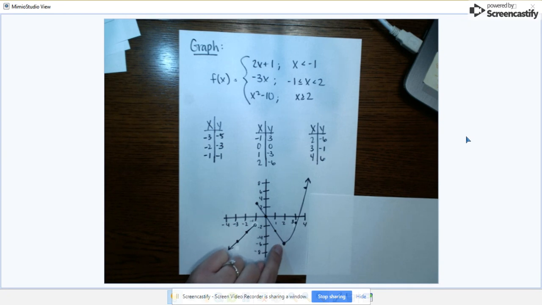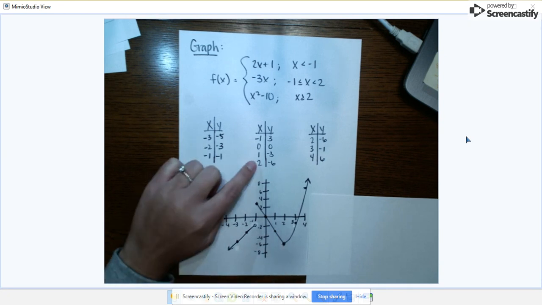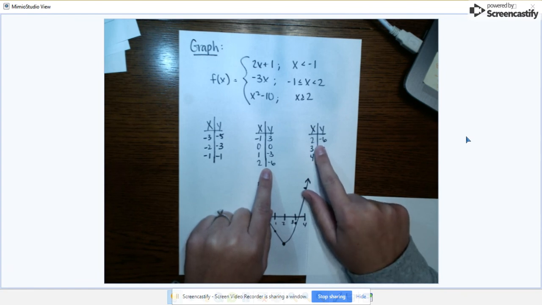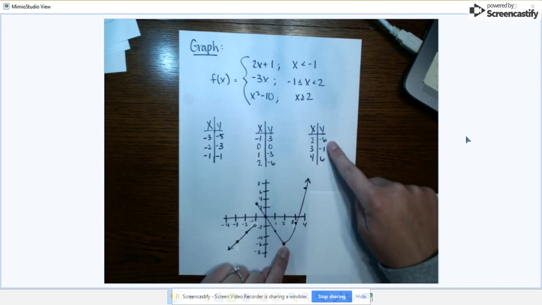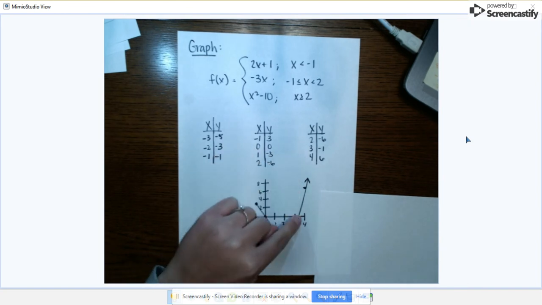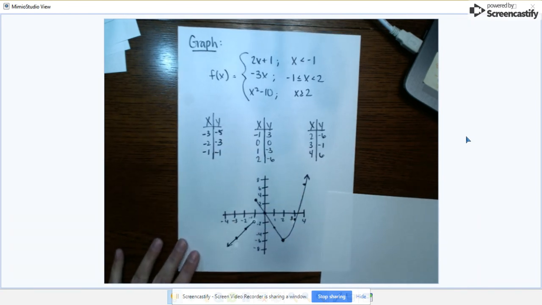This circle on positive 2 would be open for this middle function, except if you notice, the bottom value in this XY table and the top value in this XY table are the exact same. So that's why it got filled in, because of this second piece. And then I plotted these 3 points to give me that third function. And that's how you graph a piecewise function.